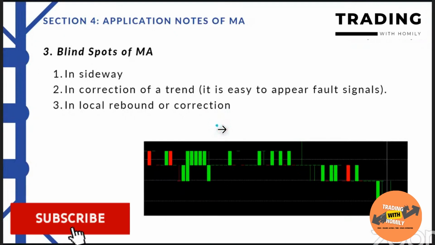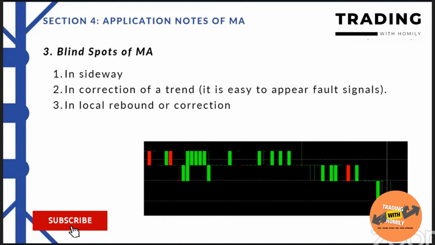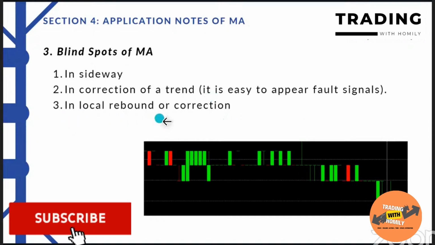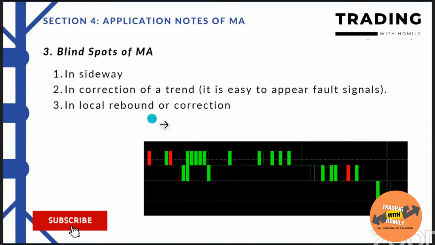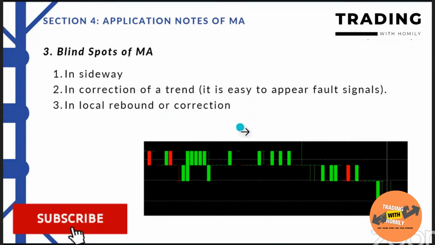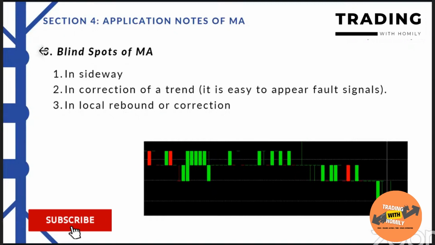Maybe it will let some people be very scared. Oh, do I need to sell now or need to buy now? The third one is in local rebound or correction. Also sometimes in a rebound or correction the MA will not be so accurate. So this is the blind spot of the MA.